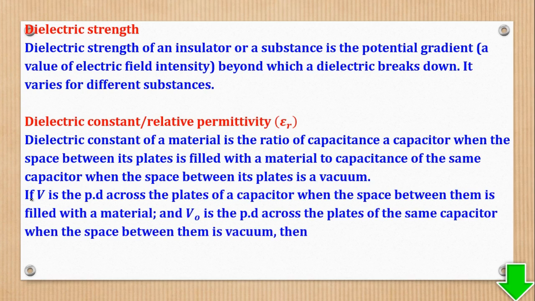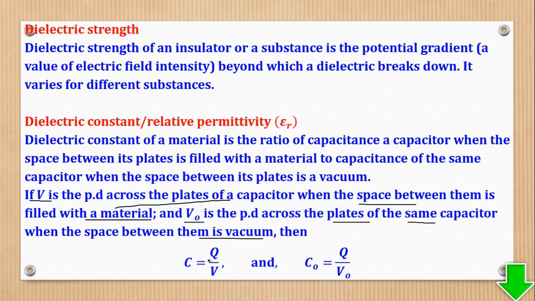So we shall say that if V is the PD across the plates of a capacitor when the space between them is filled with a material, and V naught is the PD across the plates of the same capacitor when the space between them is vacuum, it implies that C is equal to Q over V and C naught is equal to Q over V naught. The charge will be the same; it is the PD which is changing.